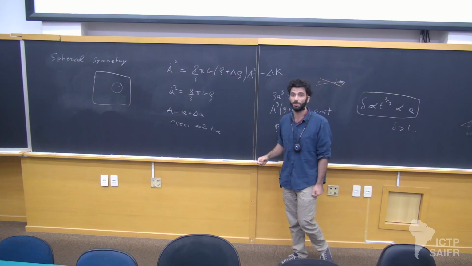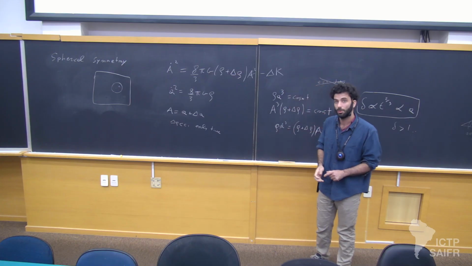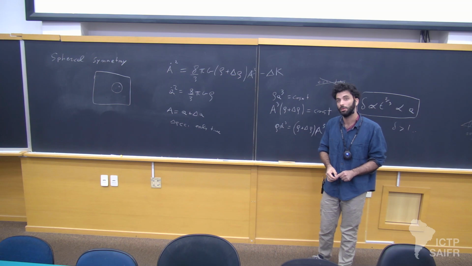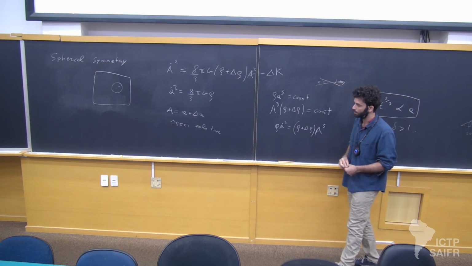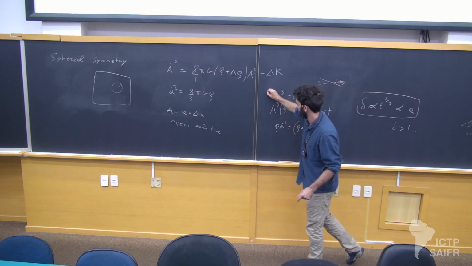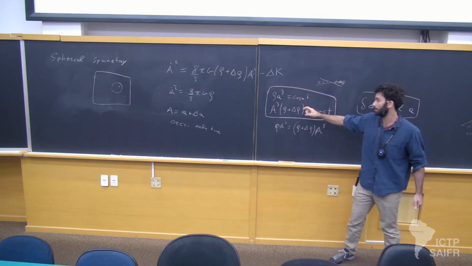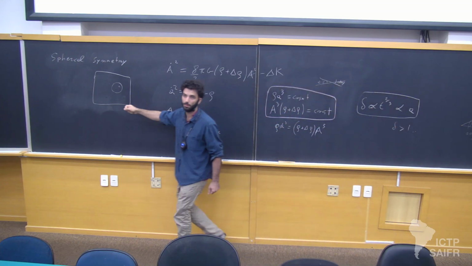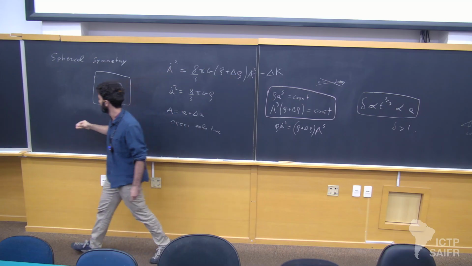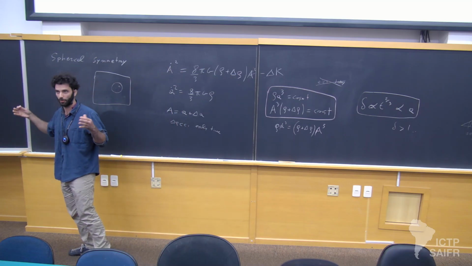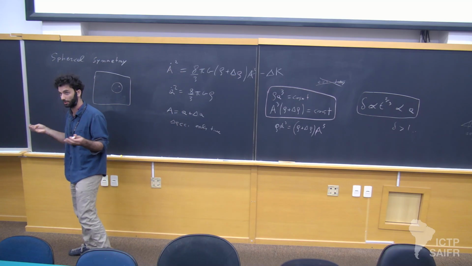So this is not a junction condition. This is just saying that inside and outside we have dust, and dust always scales with the volume. It's pressureless mass, so it scales with the volume.